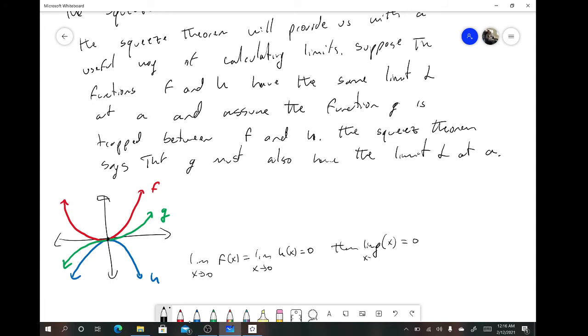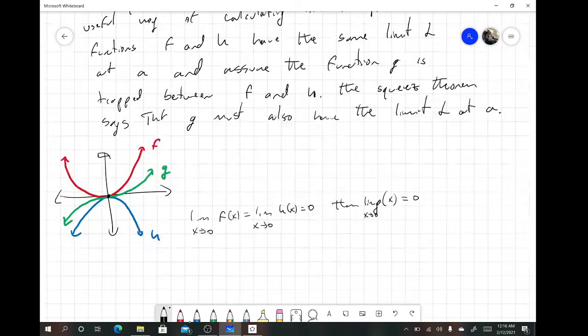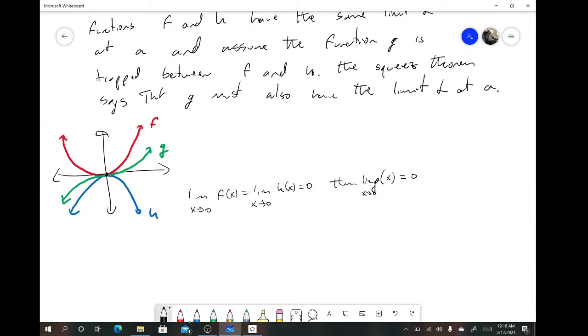So the limit as x goes to 0 of g of x must be the same as h and f. So that's basically what the theorem says.